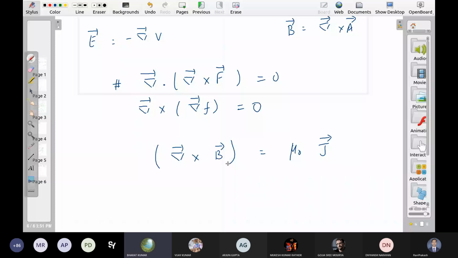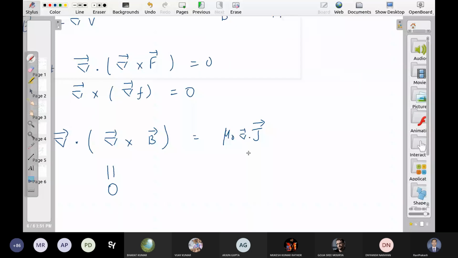Del cross B, divergence of curl is 0. It should be 0 no matter what is here. या कुछ भी होगा इसको 0 ही होना है. But right hand side में क्या हो रहा है? Is that 0? No sir, it is something. Divergence is 0 for steady currents only, right?